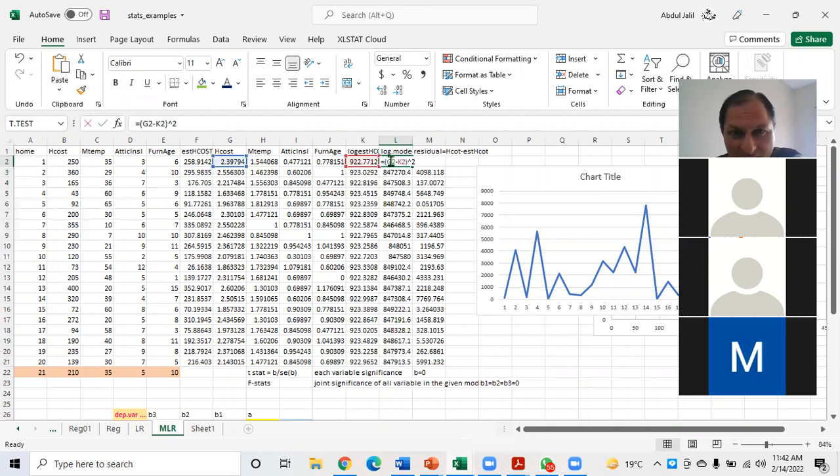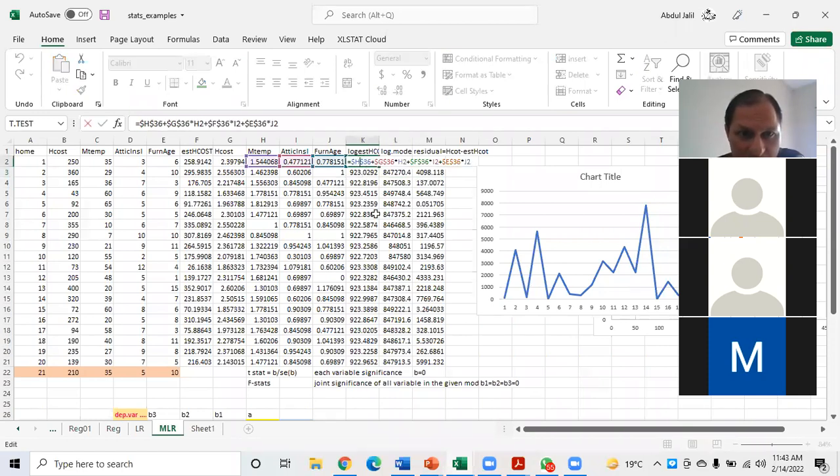Is there any difference between these two values? The cost. Enter. Let me check if anything we have done.